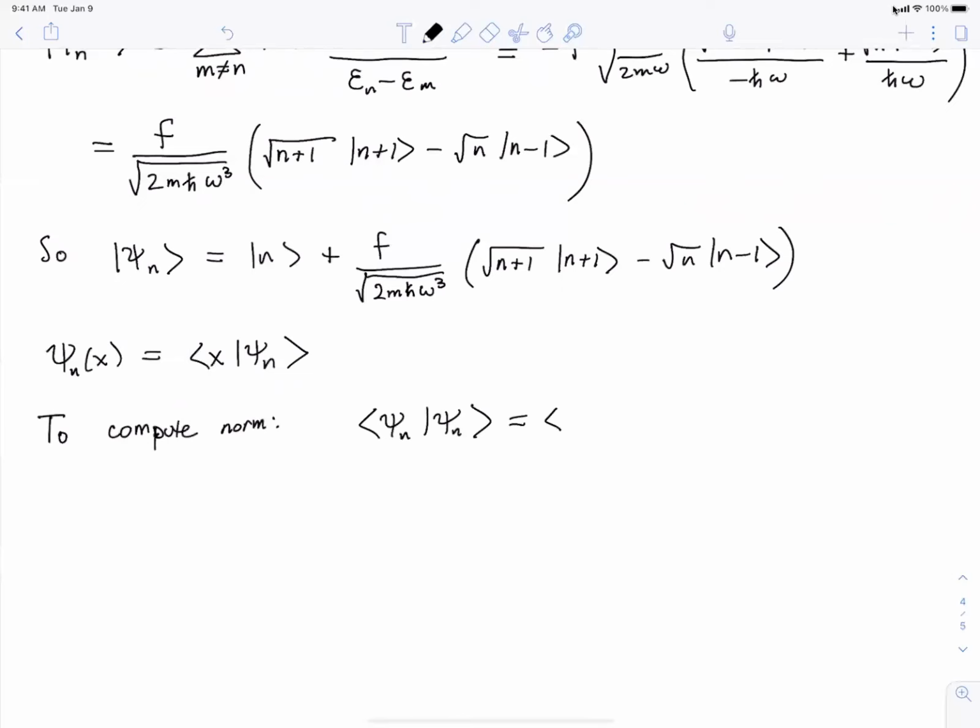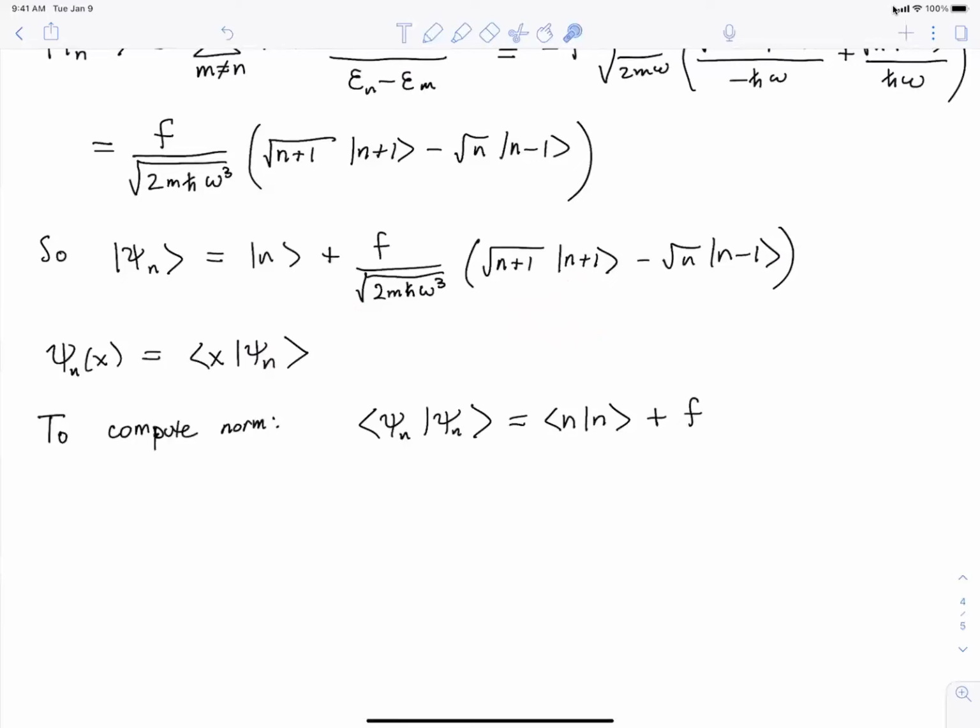Okay, and so there will be an n term, and then there will be a term linear in f. But when you look at it, you realize that vanishes, because the inner product of n with n plus 1 is 0, and n with n minus 1 is also 0.